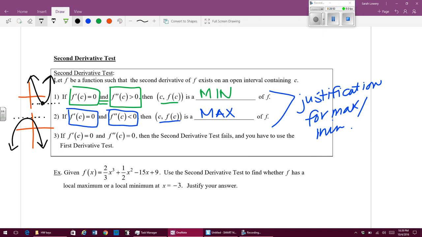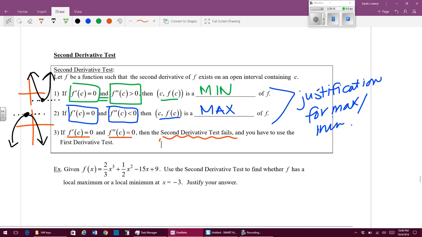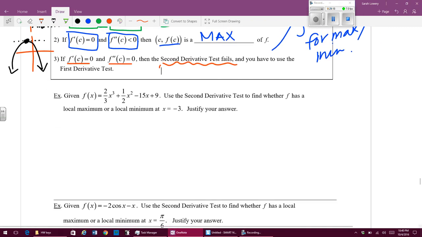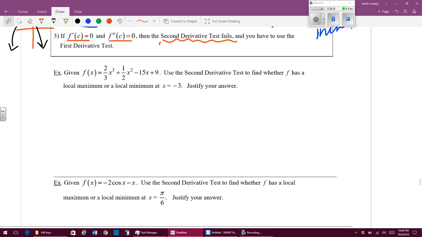If I can prove that it's concave down and has a slope of 0, then this point has to be a max. Now what the derivative test does is if the first derivative is 0 and the second derivative is 0, then we actually cannot use the second derivative test, and we would have to go and use the first derivative test. So what the derivative test does is it tells us if something is a max or a min, okay?